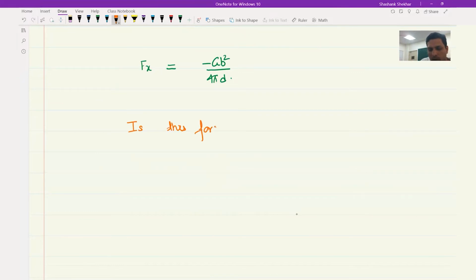Now the question is, is this force sufficient to move the dislocations? Just because there is a force, can we say that this force will be sufficient to make this dislocation move out of the surface? The answer is no. We will have to first compare it. It must be greater than some minimum value, which is the lattice resistance.